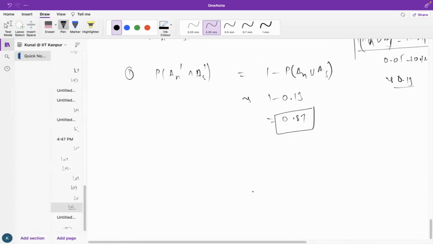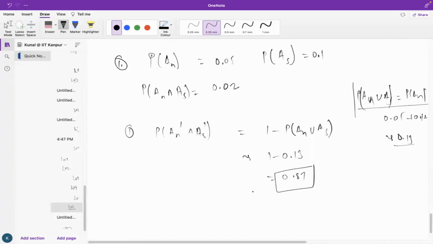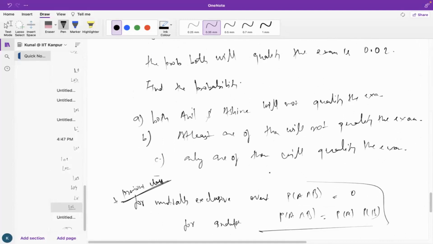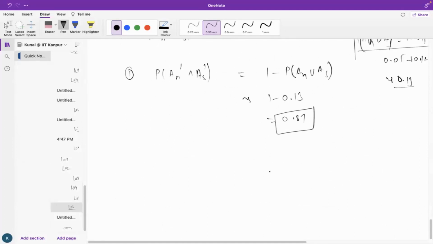Okay, now let's move on to the second problem. What is the second problem? At least one of them will not qualify the exam. So the second is the probability that at least one of them will not qualify the exam.